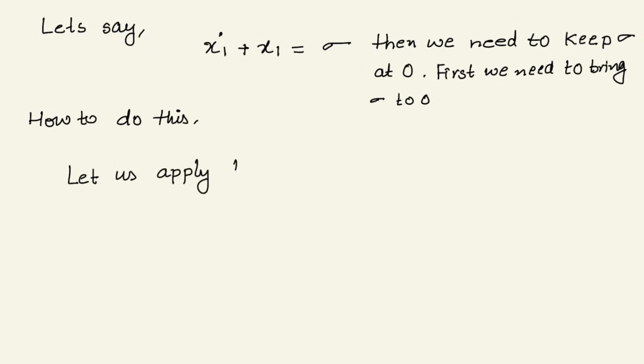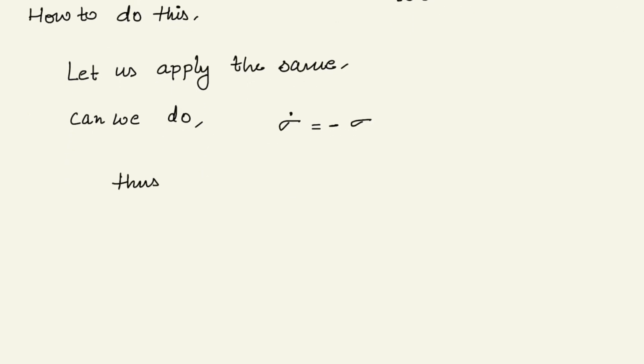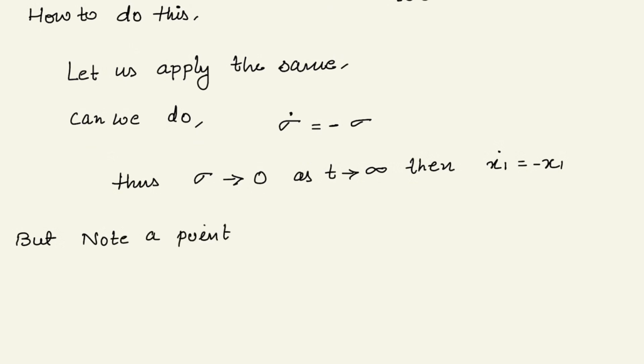We can use the same strategy that we are always using to make sigma dot equal to minus sigma. Thus sigma will go to 0 as time tends to infinity. Then the x1 dot plus x1 will be 0, and then x1 can go to 0.